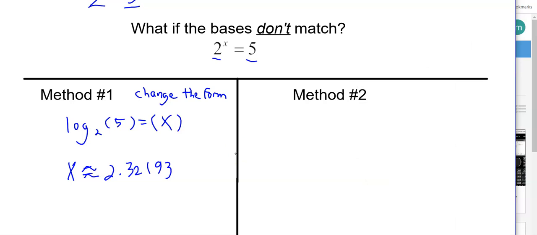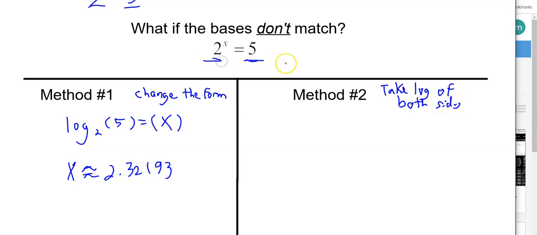I'm going to show you another method. It's kind of elegant. It takes a little longer to do, but let's try it. It's based on the idea that we can take the log of both sides of the problem.